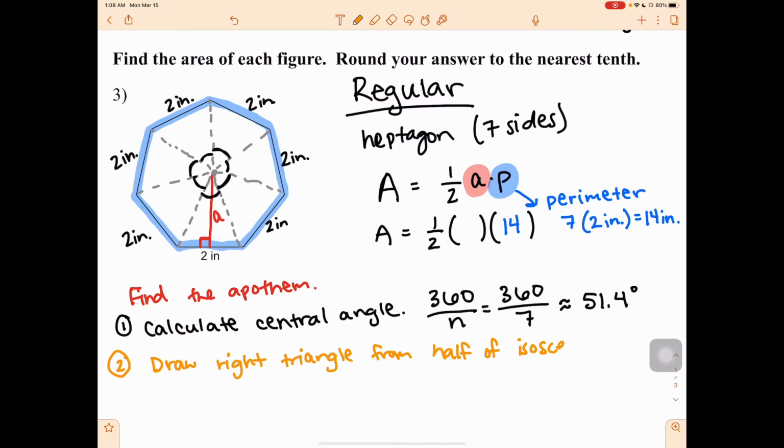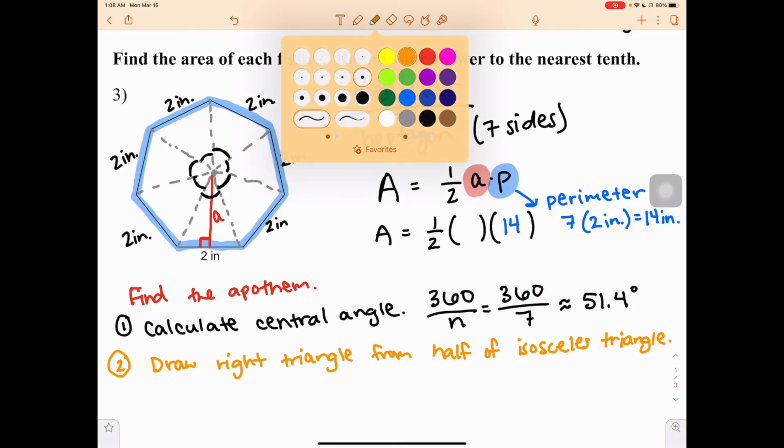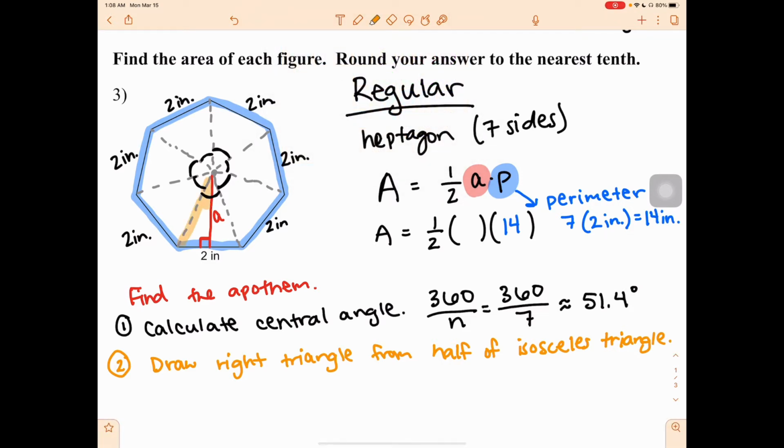Now it's an isosceles triangle because each of its sides here and here are equal. And that's because this is a regular polygon. So what I'm going to want here is just half of this triangle because I need a right triangle to find the apothem.